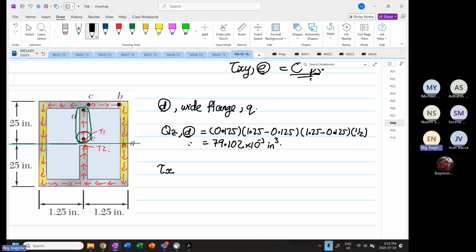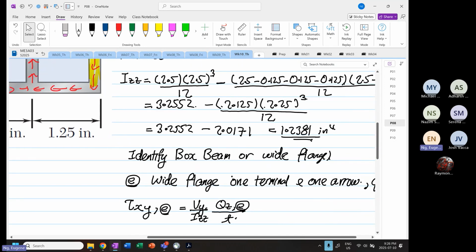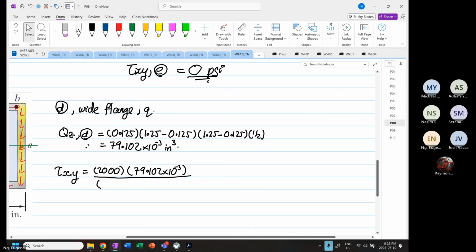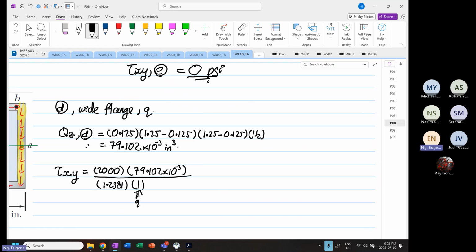So the cross section intersects the x-axis, and the shear flow is flowing in the y direction. So this is y. V is equal to 2000, times Q, over I. I can't remember what our I is. It's 1.2381, and Q is up here, and the thickness is equal to 0.125.